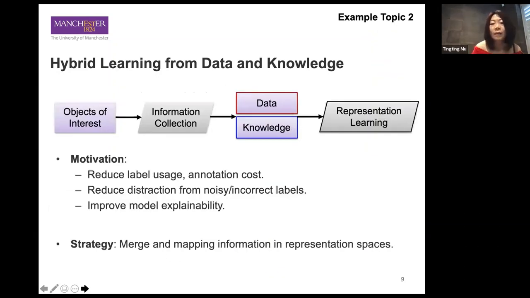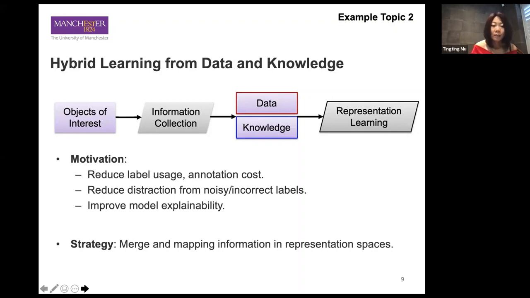The benefit and motivation for us to do this is, first, we would like to reduce the use of labels. Second, when we do annotation, quite often you will encounter mistakes in your labels, so we would like to reduce the negative effect of label mistakes.